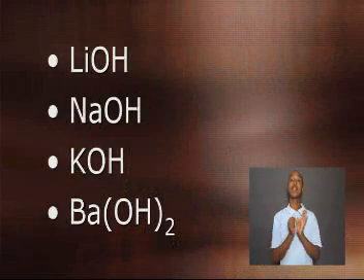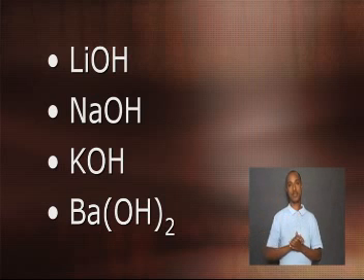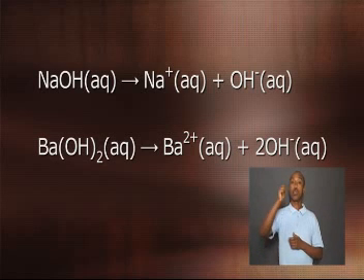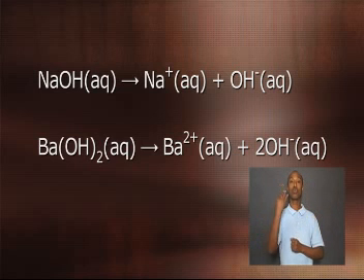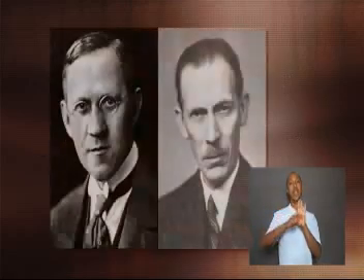Some examples include lithium hydroxide, sodium hydroxide, potassium hydroxide, and barium hydroxide. The following equations show the dissociation of a couple of Arrhenius bases. Sodium hydroxide dissociates to form sodium plus and hydroxide ions. Barium hydroxide dissociates to form barium 2 plus and hydroxide ions.